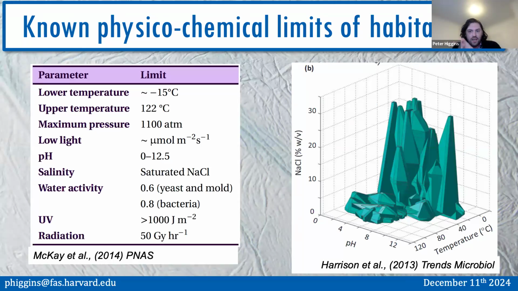Nonetheless, the diversity of life is really vast and has worked out how to tolerate a really wide variety of extremes, which have been compiled by several authors over the years. For example, here on the right, we're showing a map that encompasses known survival combinations of polyextremophiles at different pHs, salinities, and temperatures. And this was made back in 2013, so that map's probably pushed a little wider now. So we know that life is diverse, but actually quantifying species-specific things remains quite difficult.